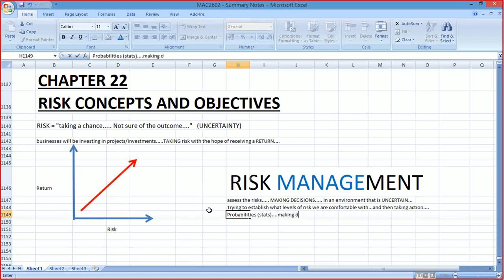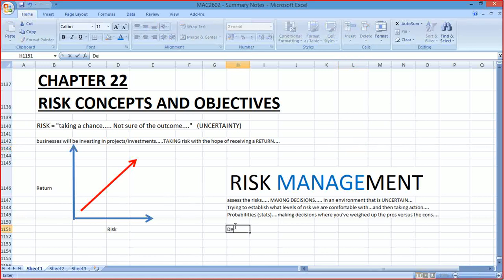Okay, making decisions where you've weighed up the pros versus the cons. That's what you need to look at in terms of risk management. You need to assess the risk, you need to identify the risks, you then need to determine, well, are you or aren't you going to do a certain thing? Take, or let's say act. Make a specific decision.